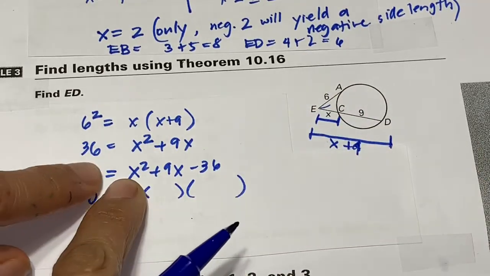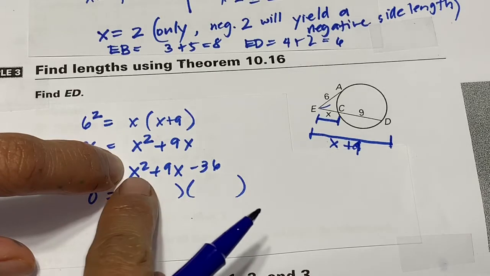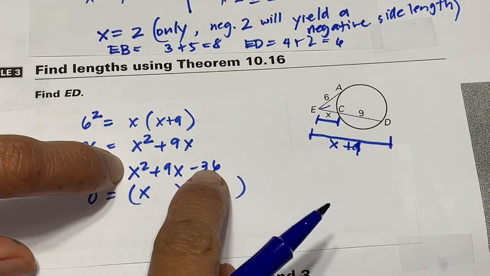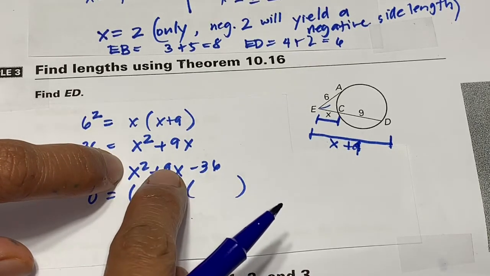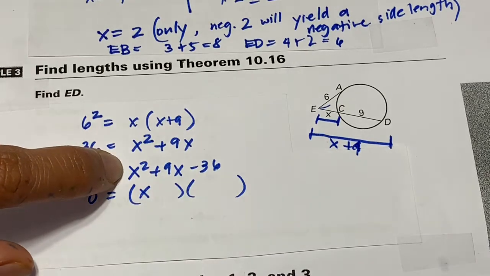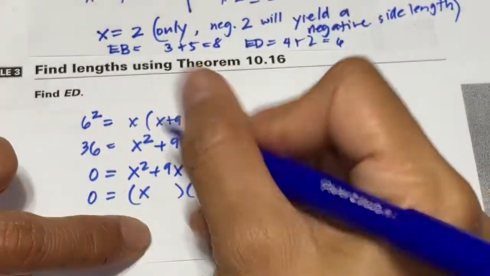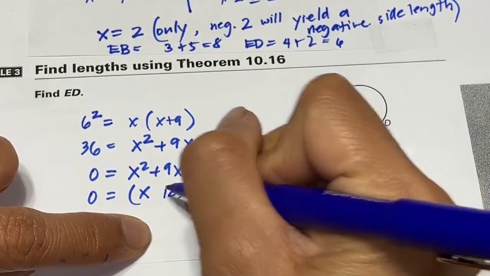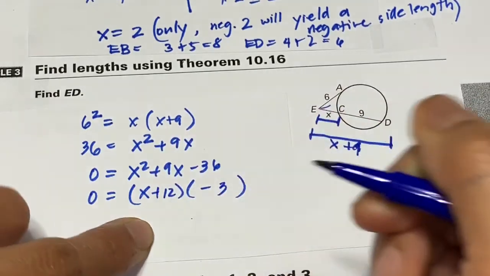The coefficient is 1, so you don't have to use the AC method. Just ask yourself, what do you multiply to get negative 36 that sums to 9? 12 and 3, right? We have to do plus 12 minus 3. That's a 9, correct?